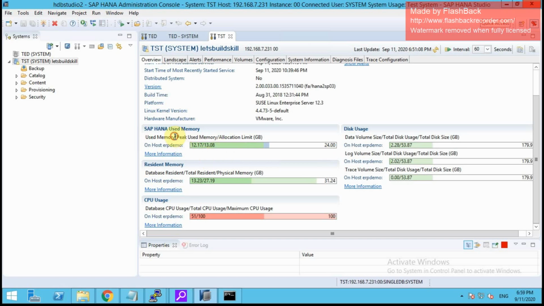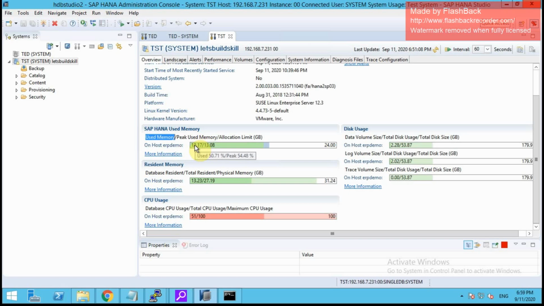Now the most important parameter, the one to always check, is used memory. In our case it is 12.17. So the memory used by your HANA database in this case is 12.17.